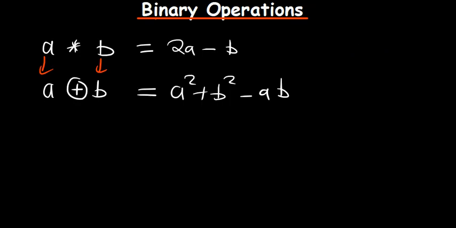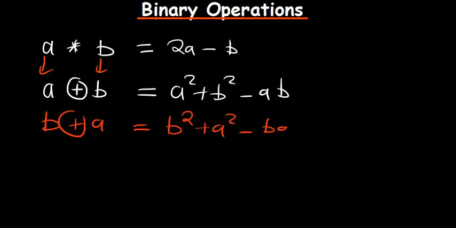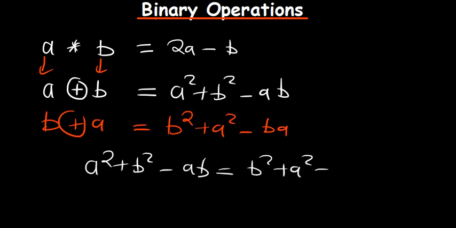Now for the next one, what if we said B star A? What do we expect? So we're going to have now B squared plus A squared minus BA. Now this one is a bit interesting. Is A squared plus B squared minus AB equal to B squared plus A squared minus BA? Well, let's be careful with mathematics. So let me try to arrange the right hand side in form of the first part.